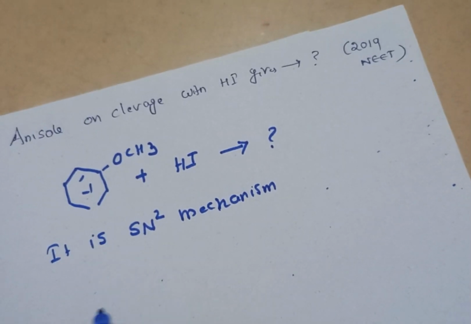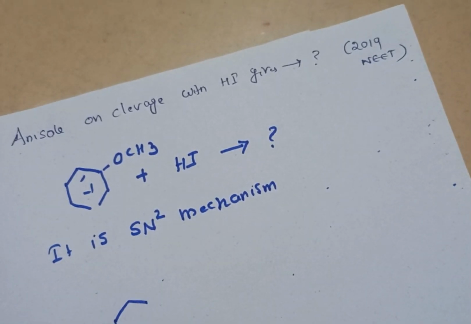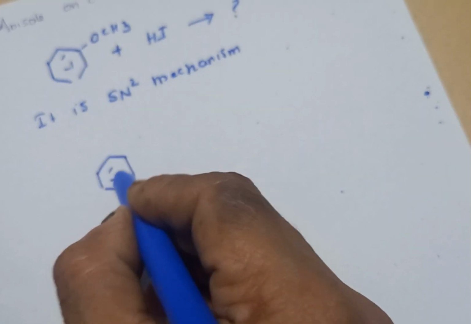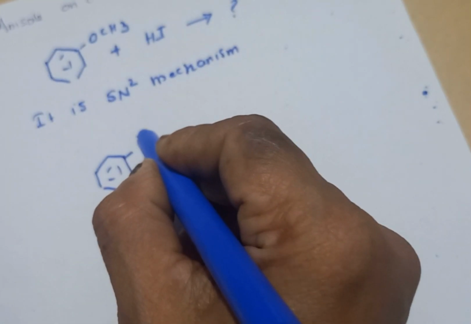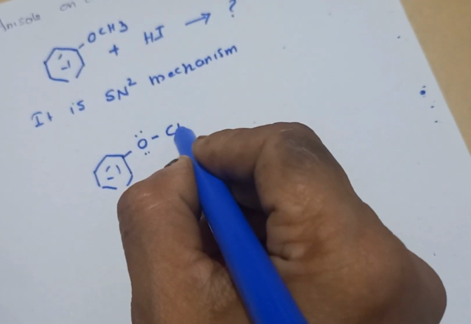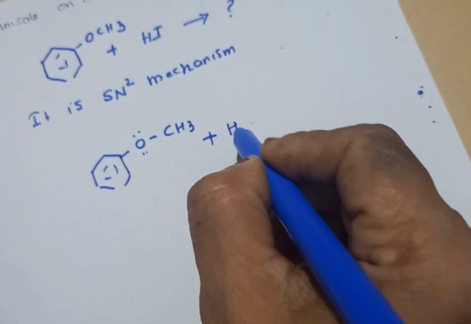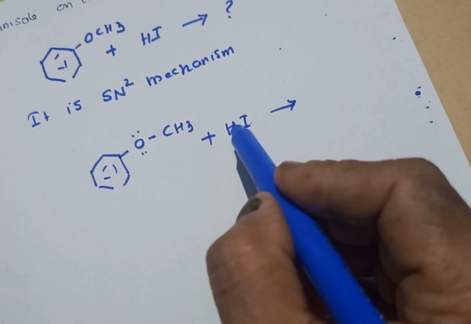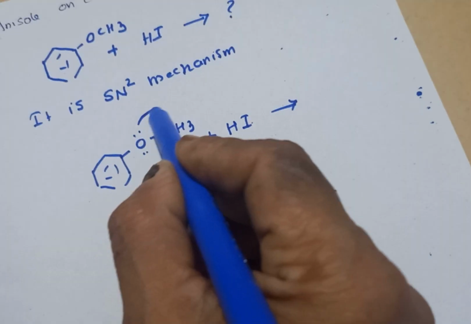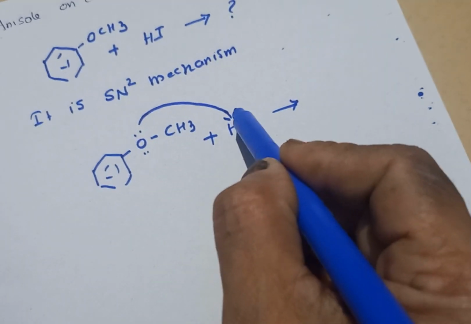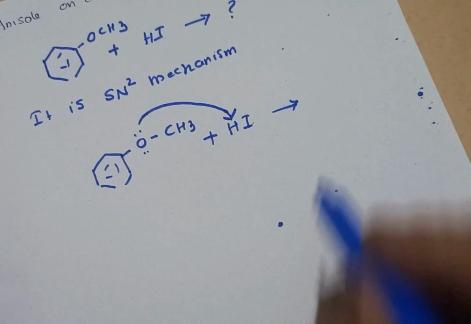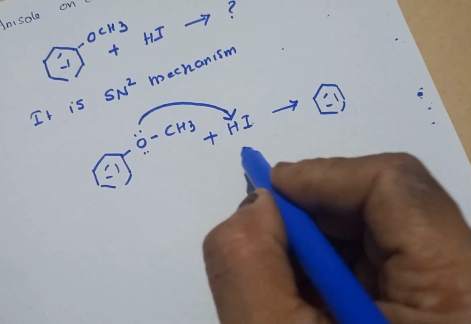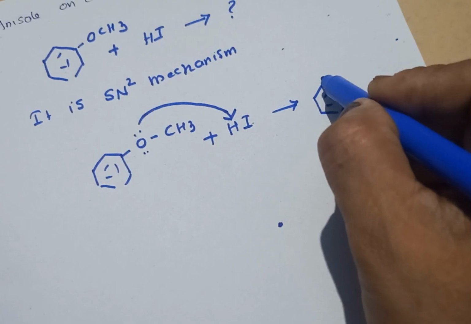First of all, due to the presence of lone pair of electrons on oxygen, it gets protonated. The proton is donated here by hydrogen iodide.